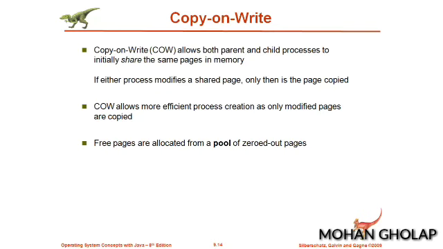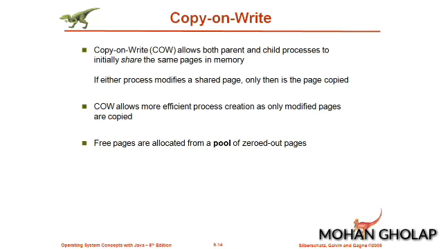Duplicate in the sense that whatever memory segments are held by the parent will be copied as they are to the child. So traditionally, fork worked by creating a copy of the parent's address space for the child, duplicating the pages belonging to the parent.